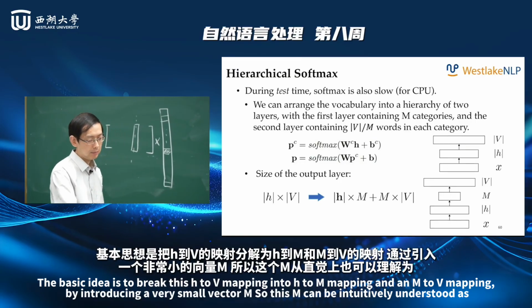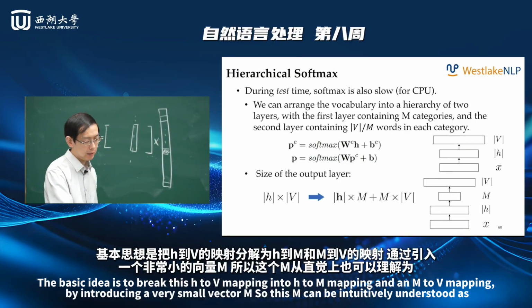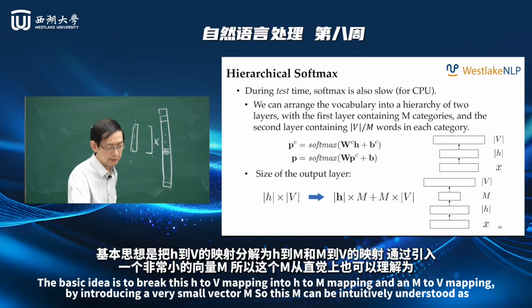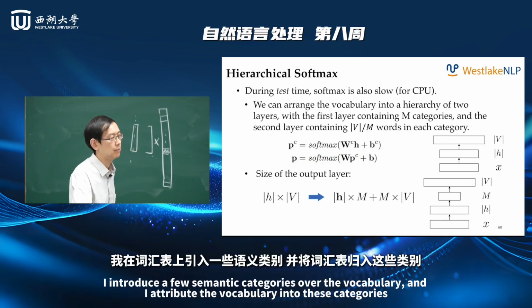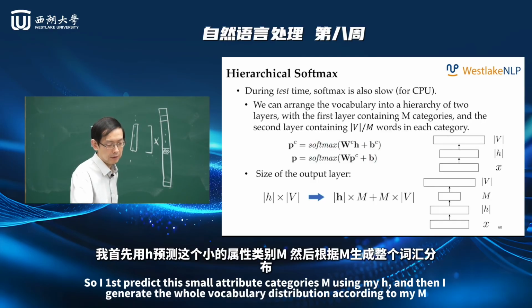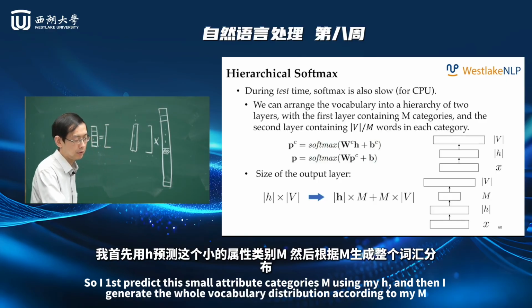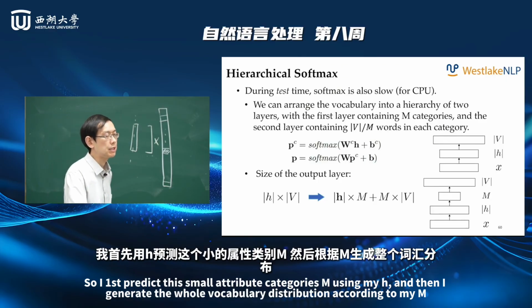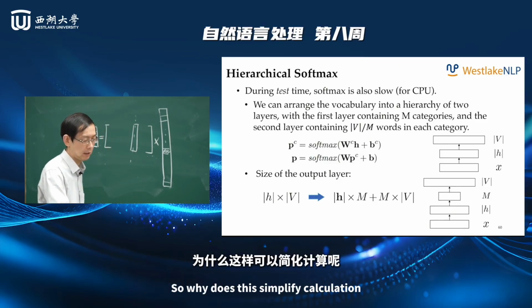So this M can be intuitively understood as, okay, I introduce a few semantic categories over the vocabulary, and I attribute the vocabulary into these categories, okay? So I first predict these small attribute categories, M, using my H, and then I generate the whole vocabulary distribution according to my M, okay?